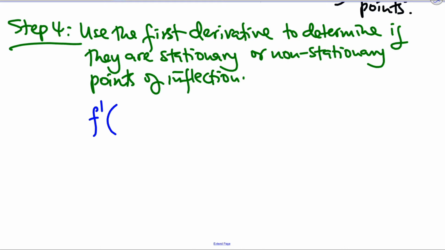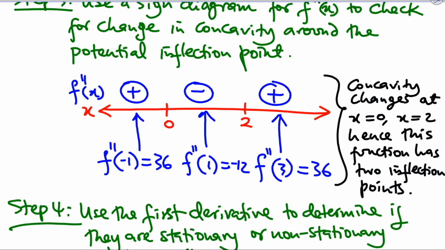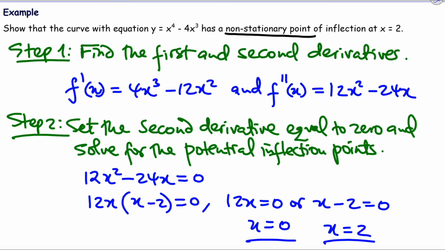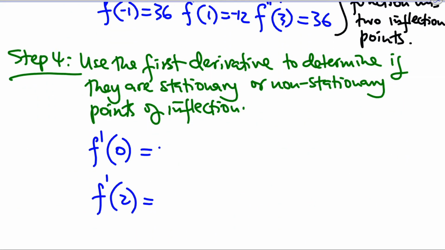Okay, so we're going to plug in 0, see what happens. Plug in 2, because the x values are 0 and 2. So you plug into the first derivative, see what happens. If you plug in 0, you end up with 0.